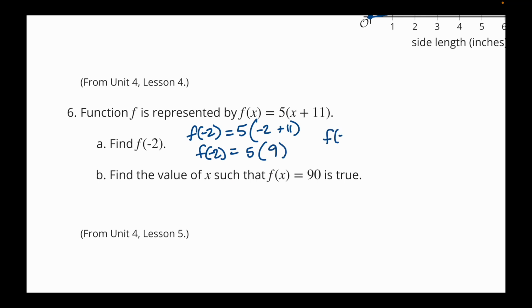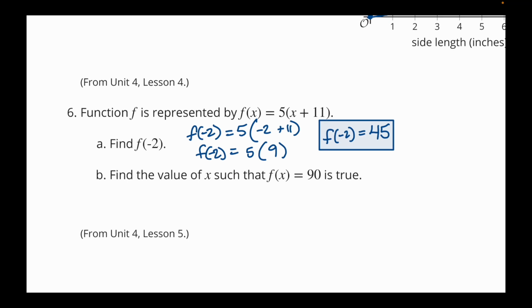So f of -2 is 45 because 9 times 5 is 45. Okay. And then it wants us for part B to find the value of x such that f of x equals 90 is true. So it wants to know for what input value is my output value of 90 going to happen.